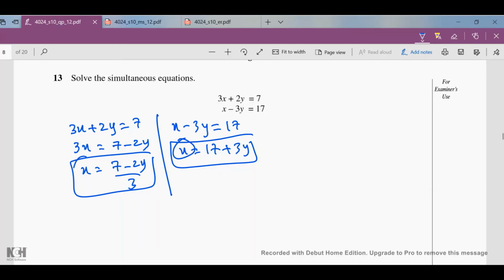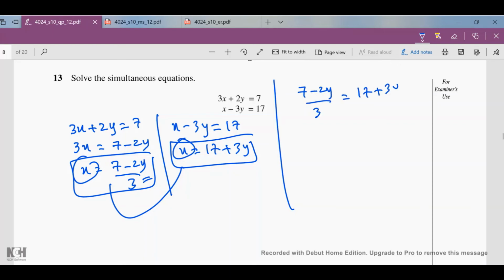This x, we can equate and make a new equation by writing this 7 minus 2y upon 3 and 17 plus 3y. I mean, this is a very simple method, as we can make any one variable as a subject.